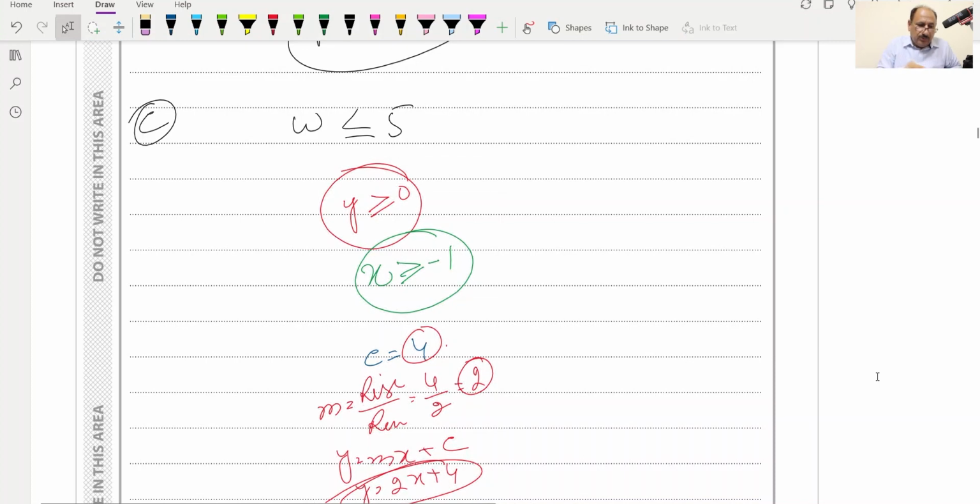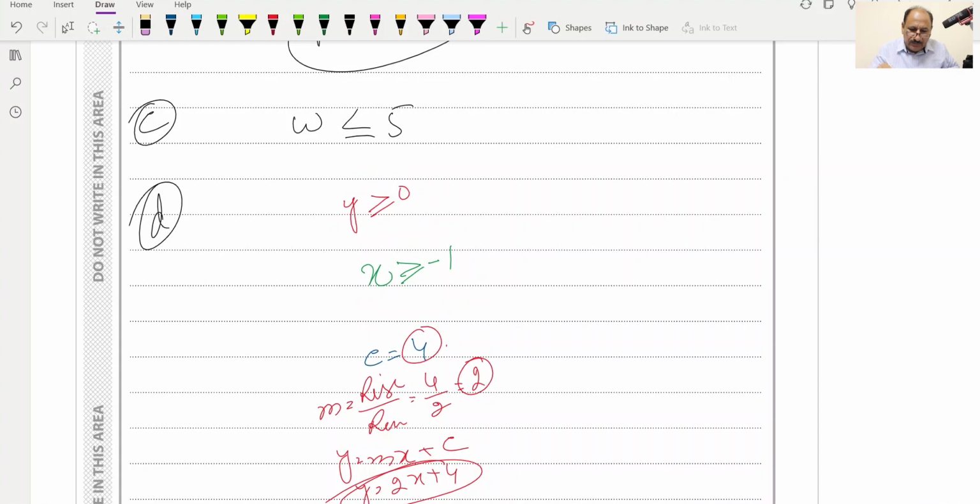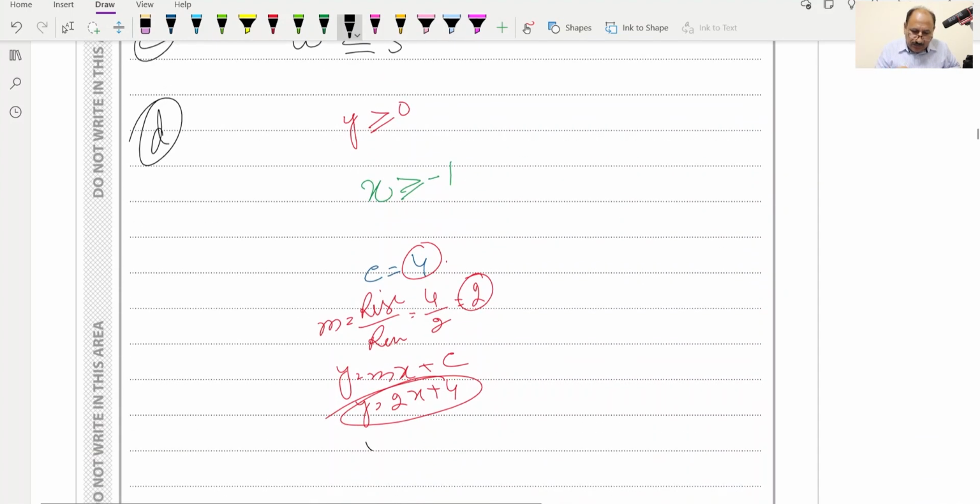So I will write D part over here. It was D part, yes. So I will remove the extra lines. So we got this one, and the final inequality y is less than or equal to 2x plus 4.